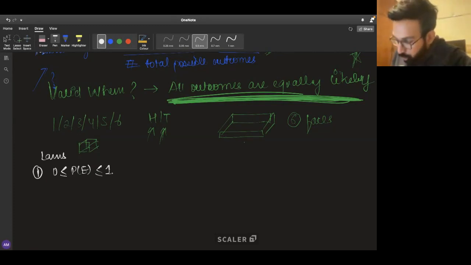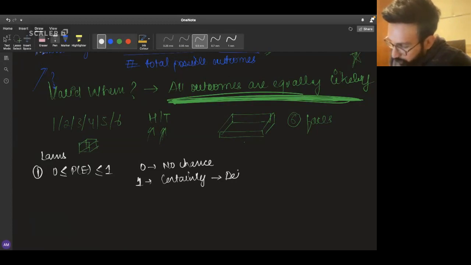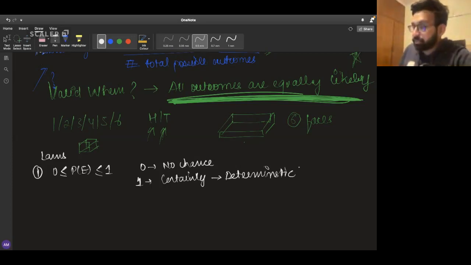It means it's not likely at all, no chance. And what does it mean by 1? It means certainly this will be the case, right? This is the deterministic case, where the randomness moves away from the system.